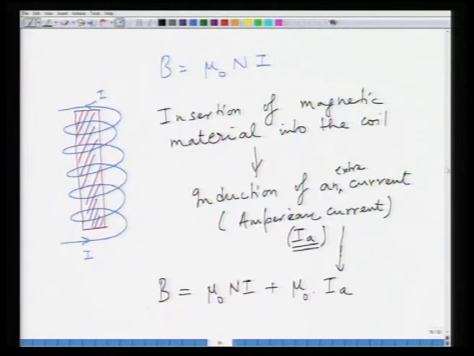So, net magnetic induction has gone up. This is for a typical magnetic material. So, B is equal to mu naught N I plus mu naught I A.